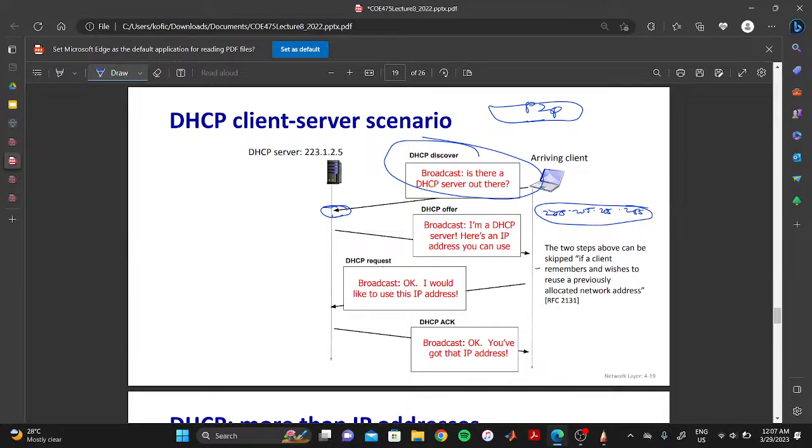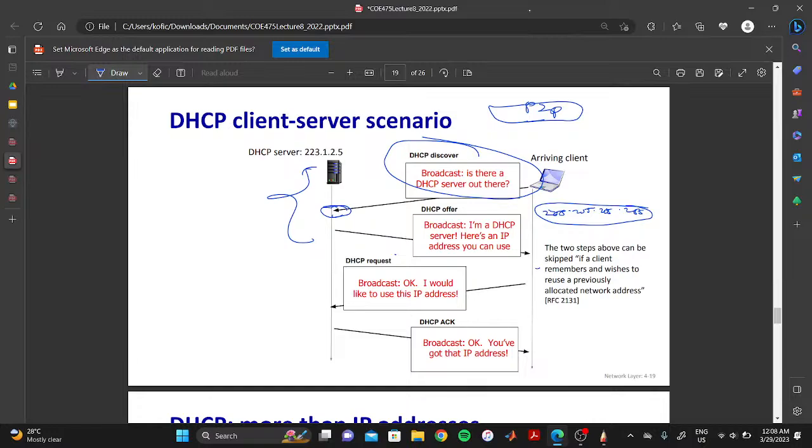Or what if someone told you that you can use this IP address, or you've connected to this network before and want to use the same IP address? All of these you use the DHCP request. That's why these two are optional, right? They're optional because you can move straight to the request if you have an IP address that you can use.